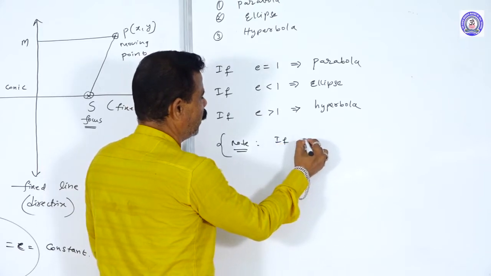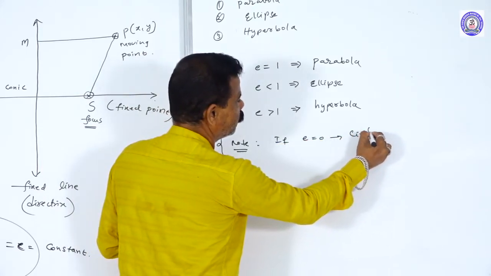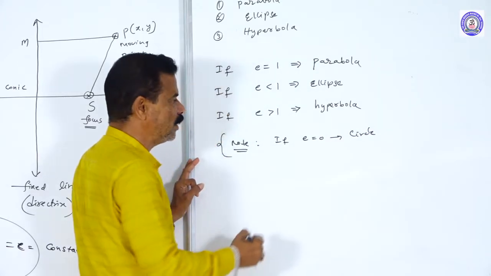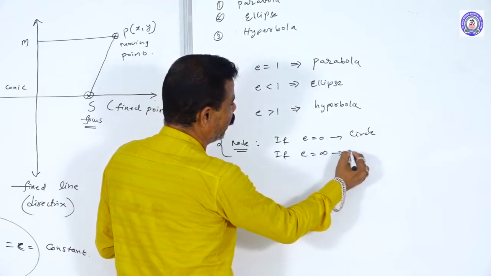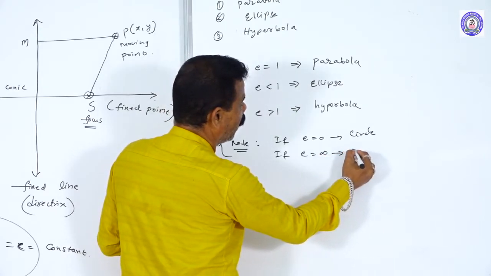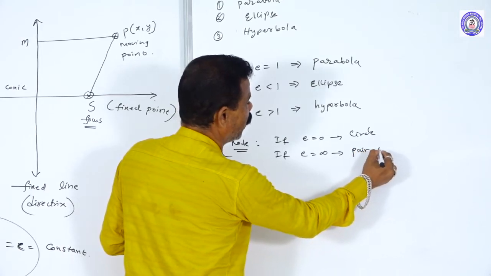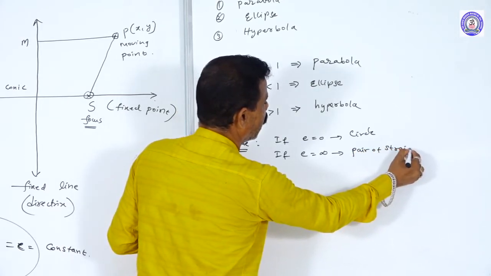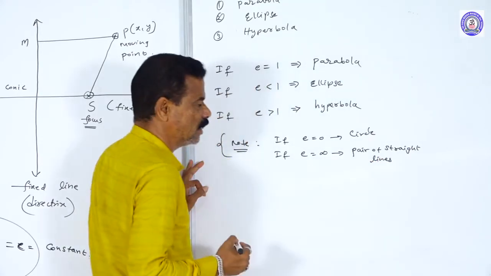If e is equal to 0, it is the circle. If e is equal to infinity, it is a pair of straight lines. We cannot define it for the pair of straight lines.